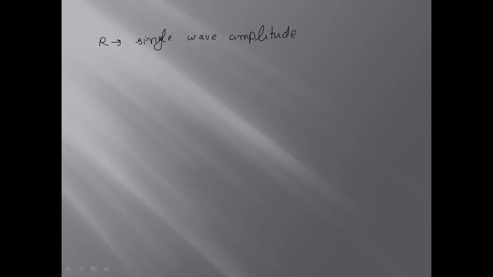The resultant at point P on the screen will be the result of interference between the two waves of same amplitude starting from S1 and S2.